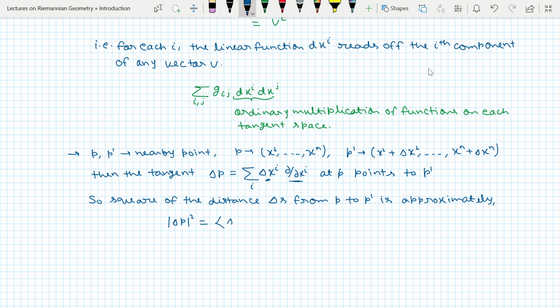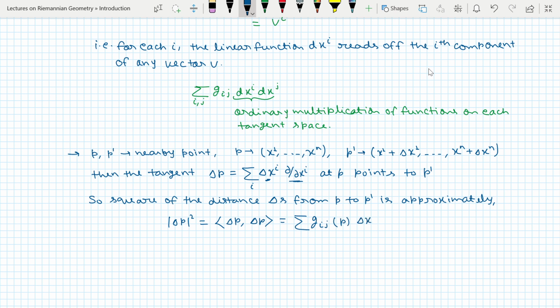This is nothing but the inner product of delta P comma delta P. That's how you define the norm in inner product spaces. Now if you put the value of delta P and you apply the properties, you can take the summation out, you can take these delta xi and delta xj out, and you will get the summation of the inner product of del over del xi and del over del xj. These are represented by gij. We have already done this kind of calculation, so I'm not doing it again.